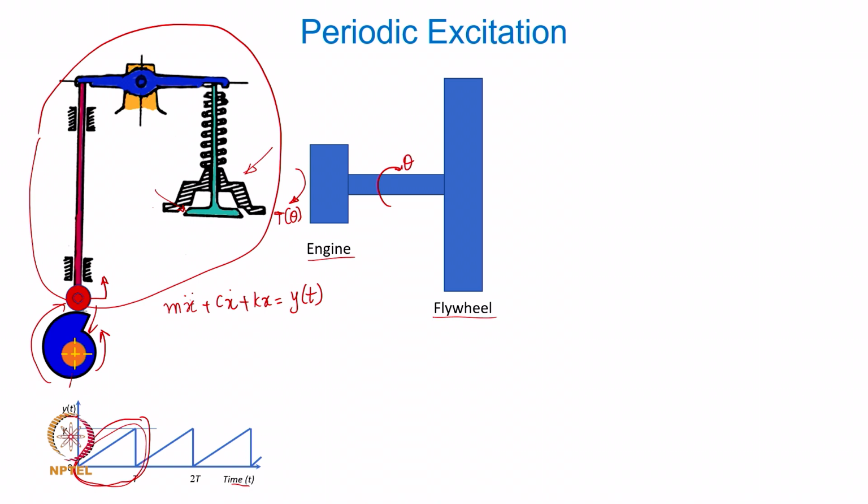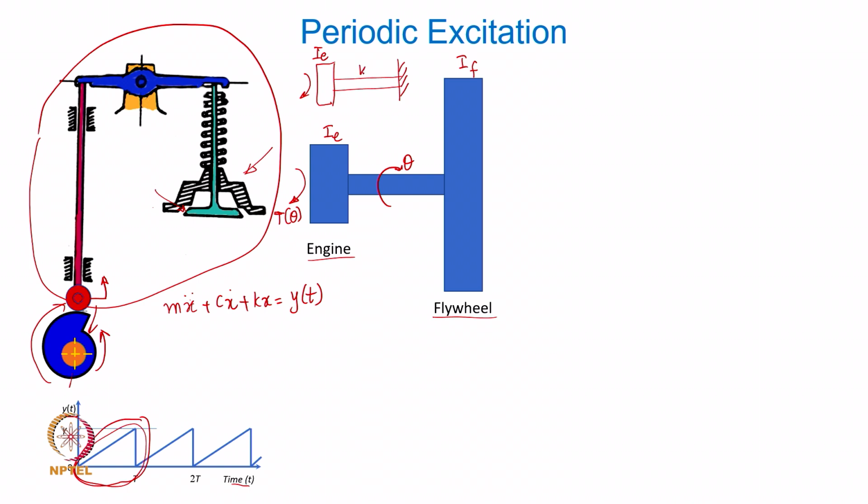If this flywheel inertia is large enough compared to the inertia of the engine, as an approximation I can presume it to be fixed, and then I can model this as a single degree of freedom torsional vibratory system, which means that the engine inertia will be the only inertia, assuming the crankshaft to be massless.